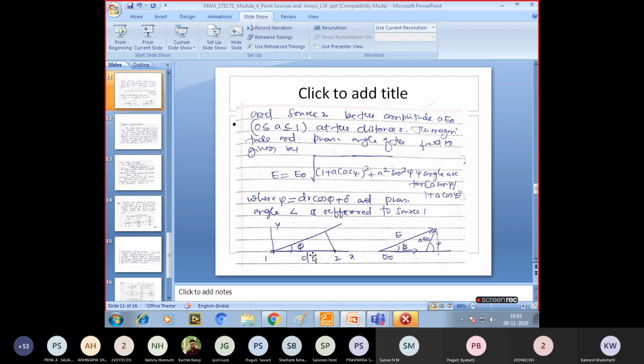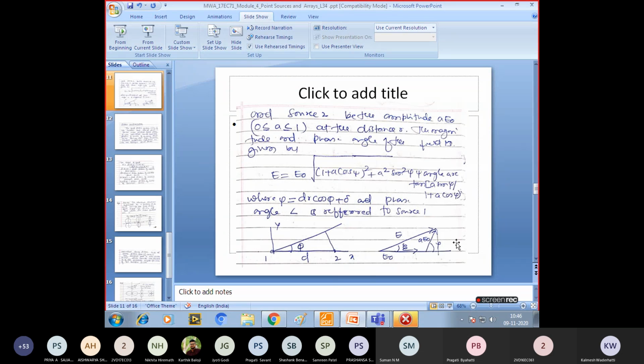In the practical consideration, it will be lambda by 2 distance all the time. With respect to this lambda by 2 distance, we have the field observation in the far field distance. Therefore, the total phase will appear with respect to this phi. With respect to this phi, it will be psi. Psi is d r cos phi plus delta.